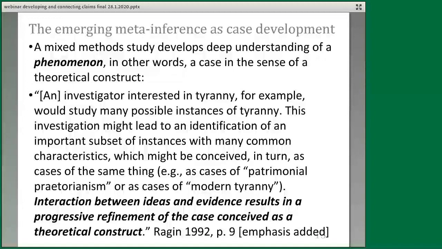For example, patrimonial praetorianism, whatever that may be, or as cases of modern tyranny. And as Ragin said, the interaction between ideas and evidence results in a progressive refinement of the case conceived as a theoretical construct.